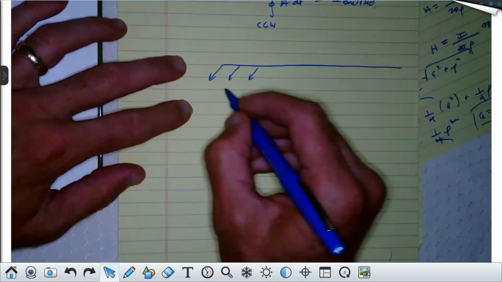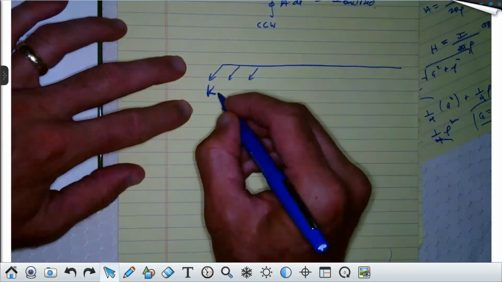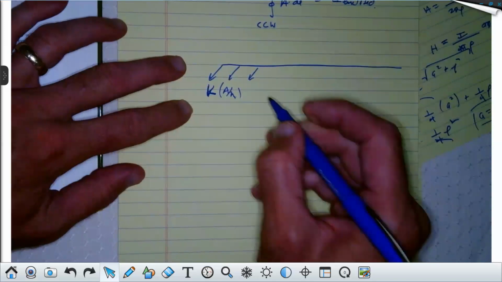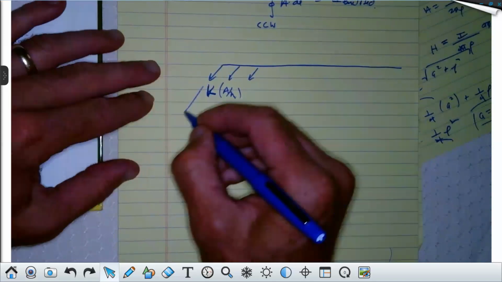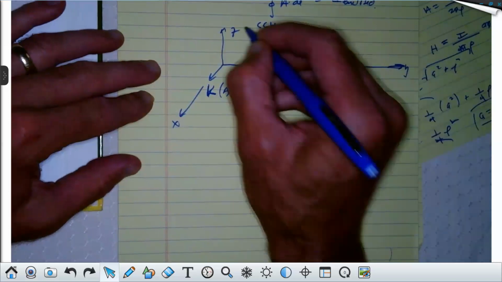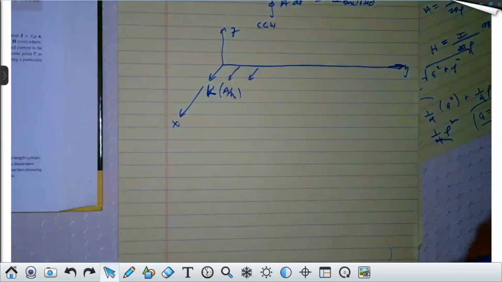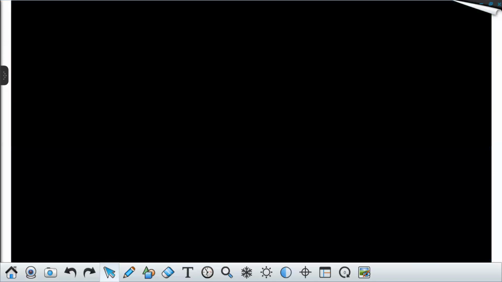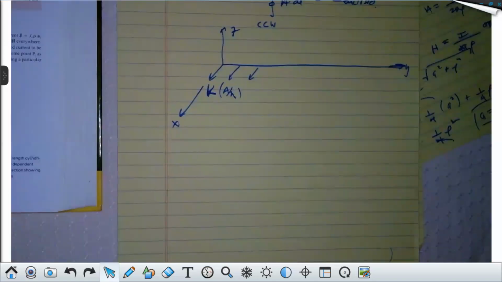Call it K, and this would be amps per meter. And call this the X direction, call this the Y direction, and call this the Z direction. I hope you can appreciate, this is a rough sketch, but I'm trying to replicate that figure on page 226, if you got your book, figure 4.16.